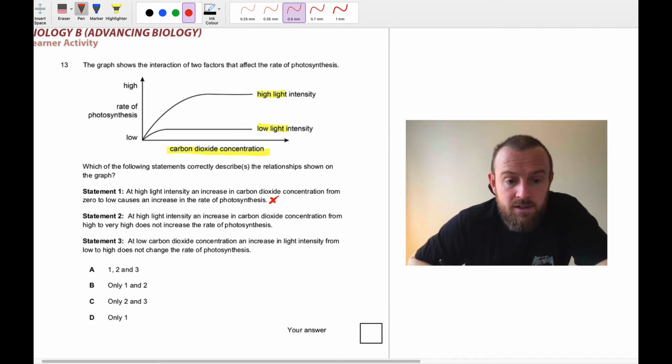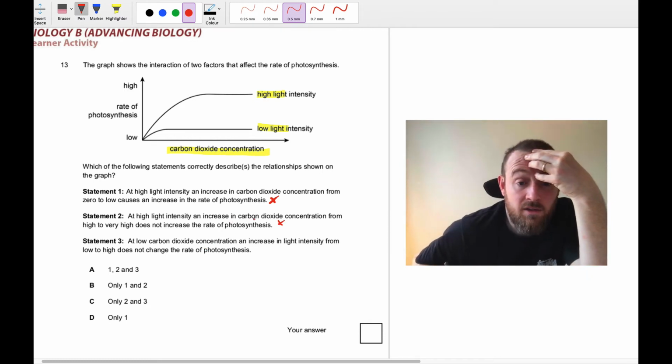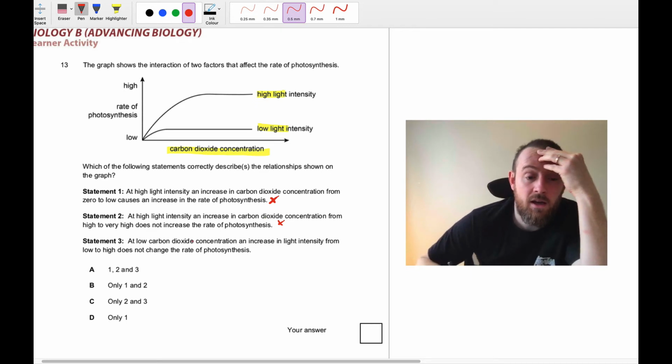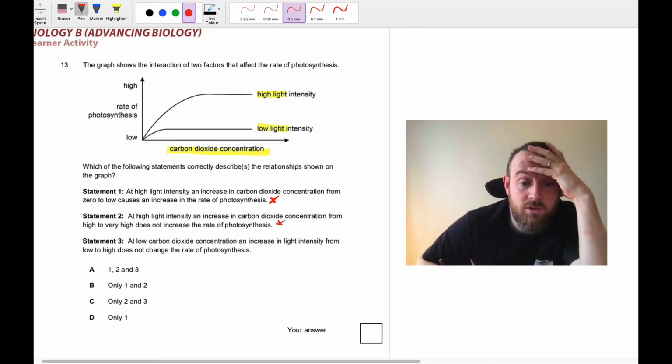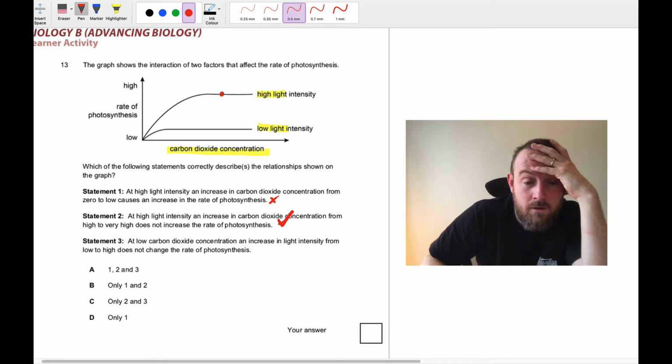At high light intensity, an increase in carbon dioxide concentration from high to very high does not increase the rate of photosynthesis. Yes, I think that's true. So that's basically saying that if we're here and we move to here, there is no change.